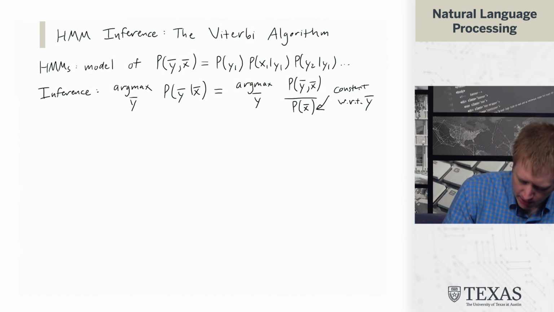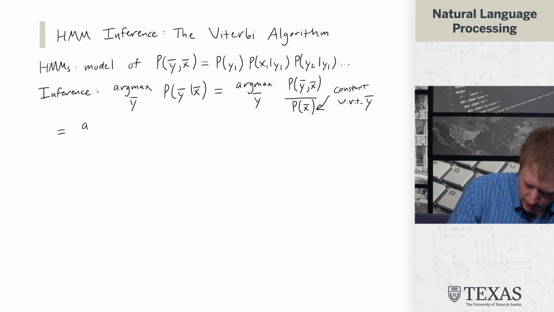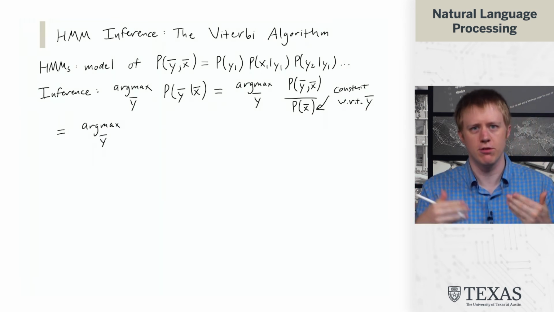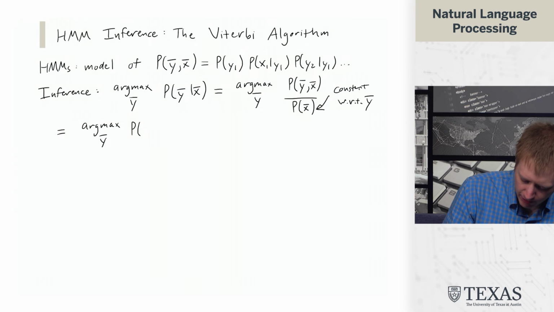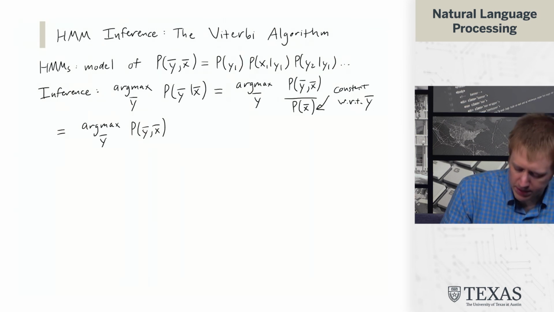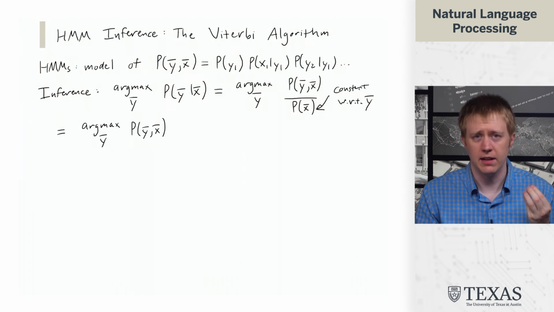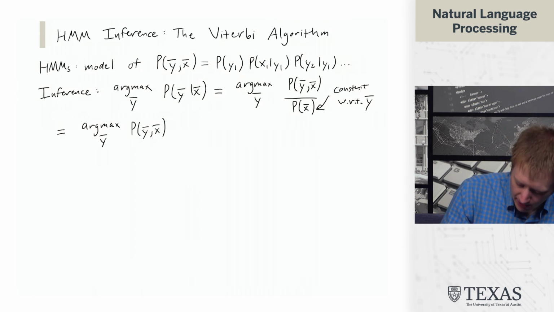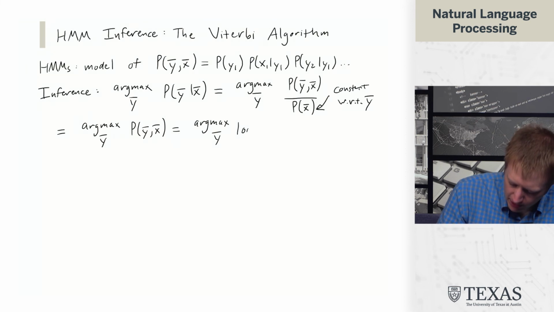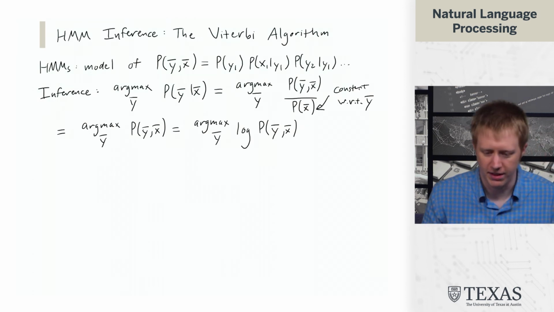So we can say that, all right, the kind of numeric value of the max we get from this won't be the same as P of y given x, but it'll give the same maximal sequence y. And then we're going to apply our other favorite trick here when dealing with maxes, which is that we want to max the log probability of this.